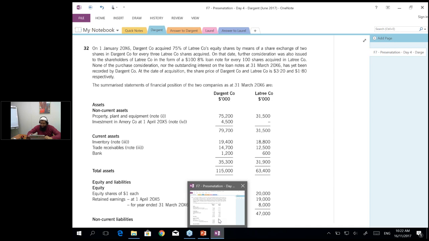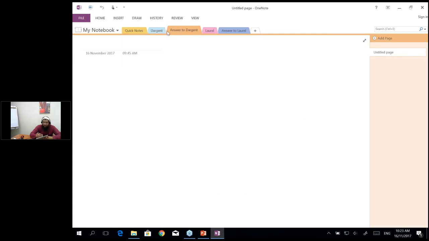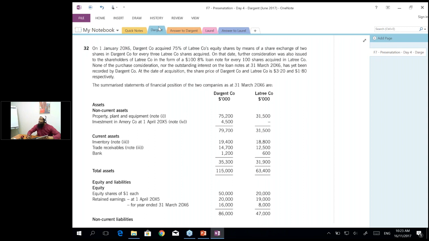Let's start this. So I have a sheet by the name of Dargent and one sheet by the name of answer to Dargent. So I'm going to solve the answer over here, and this is sort of my question paper, so that you people are aware of what things have to be written on the question paper and what things have to be written on the answer sheet.